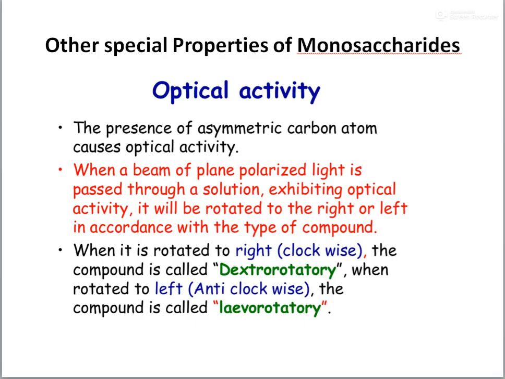If the substance rotates the plane polarized light towards the right, or in the clockwise direction, it is considered dextrorotatory. And if the substance moves the plane polarized light towards the left, or in the anti-clockwise direction, it is called levorotatory.